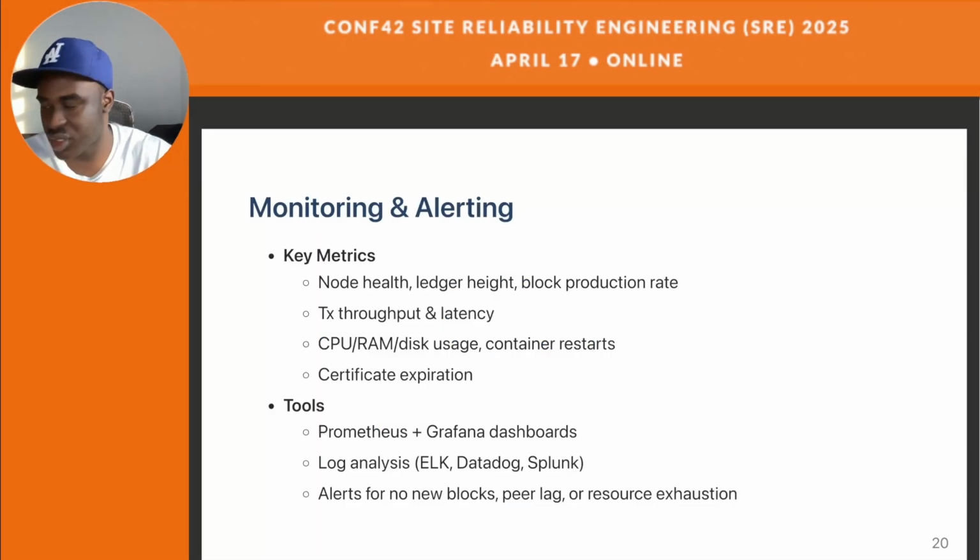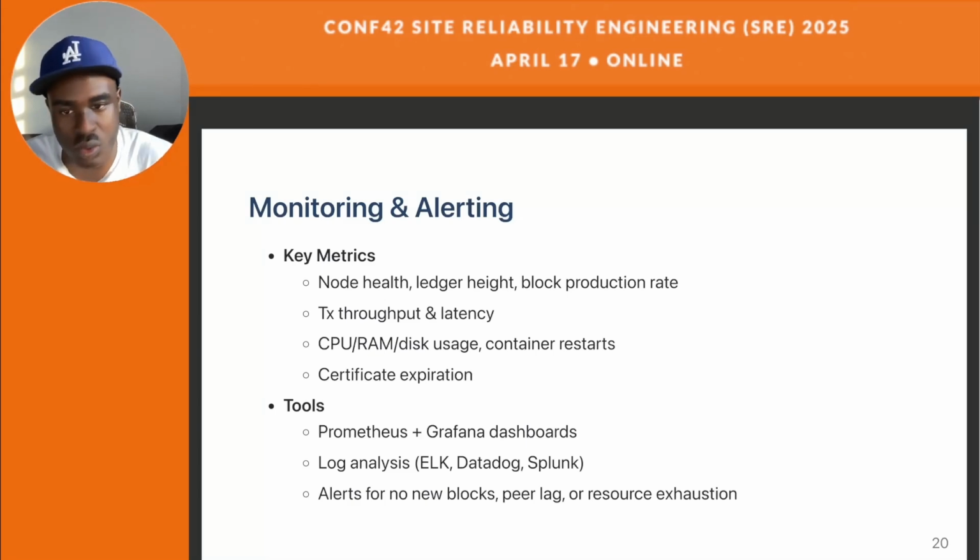Yeah, for monitoring and alerting, you want to proactively catch issues. So we need monitoring. Key signals include node health and container restarts. You also want to look at block production rate and ledger height to detect lag. You also want to check transaction throughput, latency, resource usage, and certificate expiry.